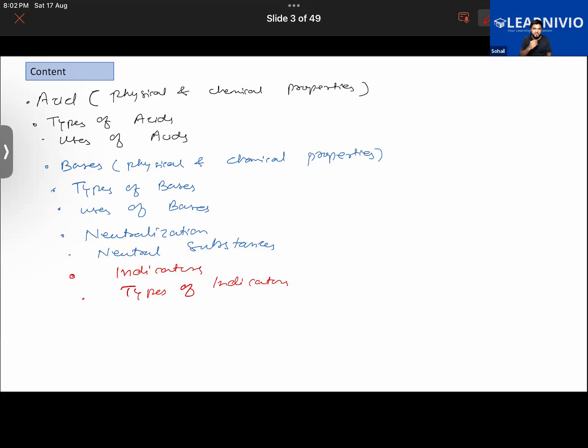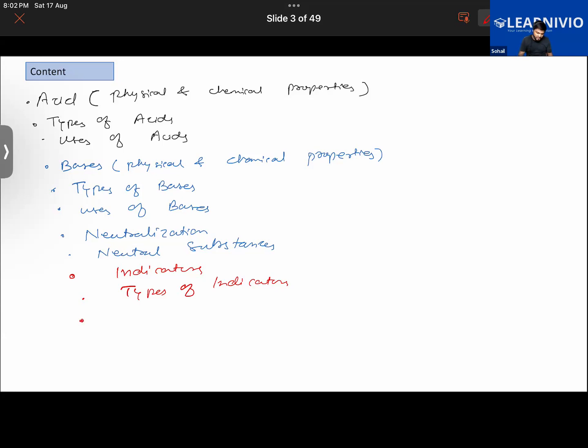Yes, the difference between neutral substances and bases is a completely different thing. A neutral substance is a substance; neutralization is the process, not a substance. We can discuss that also.